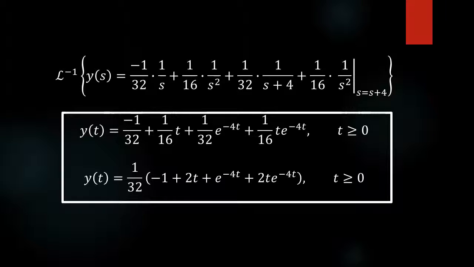In the last term, we can apply the shifting property, and the result is that our function y(t) is equal to minus 1 over 32, plus 1 over 16 times t, plus 1 over 32 times e^(-4t), plus 1 over 16 times t times e^(-4t).